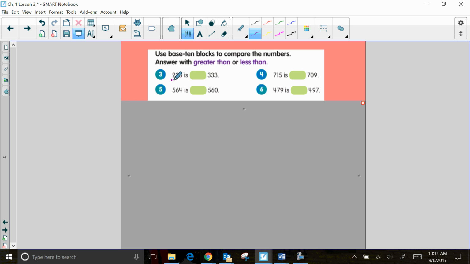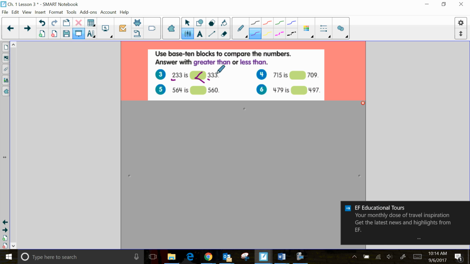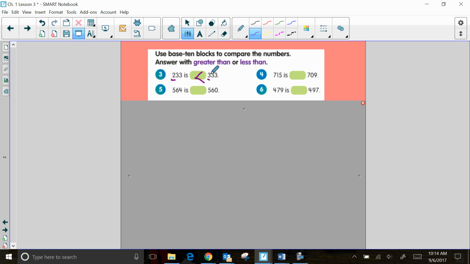The first number has 200, and the next one has 300. Which is greater? 300 is greater, so my alligator mouth is open, facing 333. I would read this as 233 is less than 333.